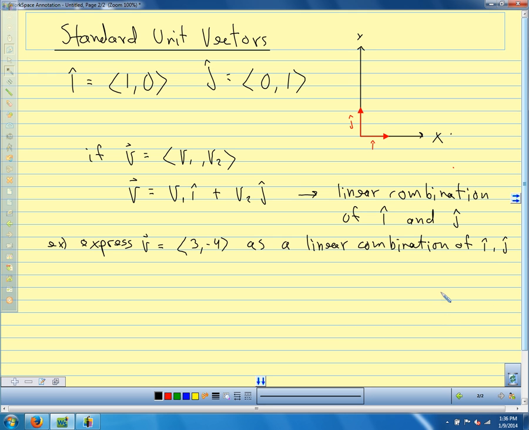And all this is asking you to do is rewrite this as v equals 3 i hat minus 4 j hat. That's all that kind of question is asking.